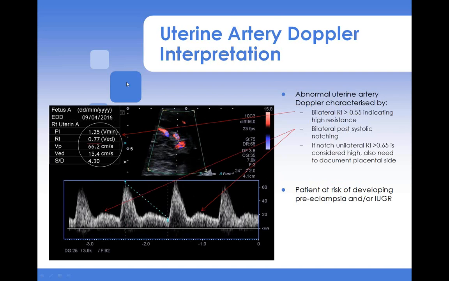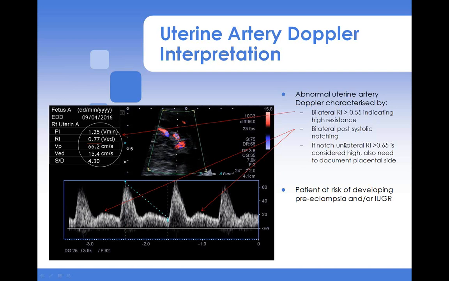This is an abnormal uterine artery Doppler, which is characterized by an RI of greater than 0.55, you can see the number here, indicating high resistance, 0.55 on both sides with a notch, or on a single side RI greater than 0.65 is considered high.